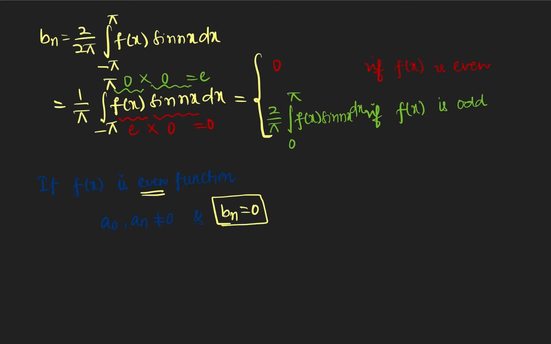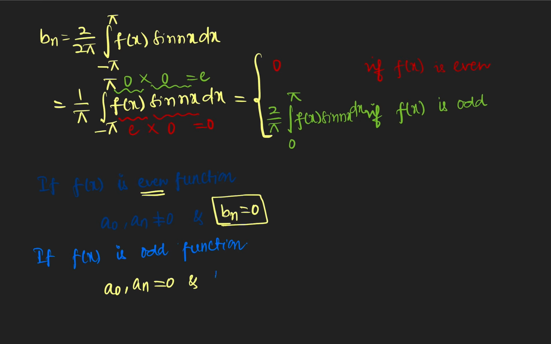Next, if f of x is an odd function, then directly we can take the values of a naught and an as 0, and we need to compute the value of bn.